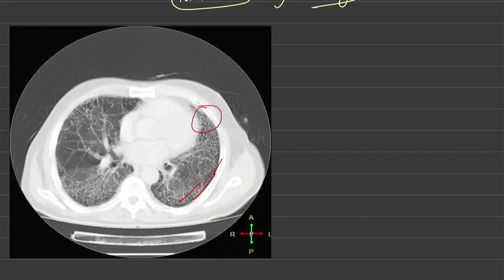Mostly you will see in starting of the disease the involvement is in the posterior and basal parts only, right? So this is honeycombing. And you can also see traction bronchiectasis in this case.